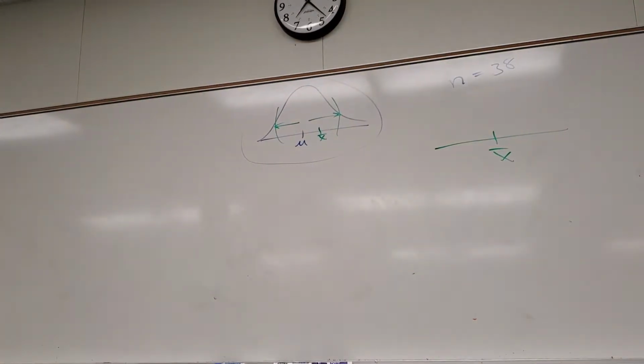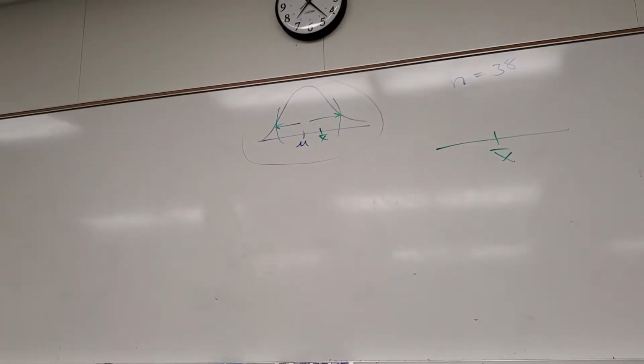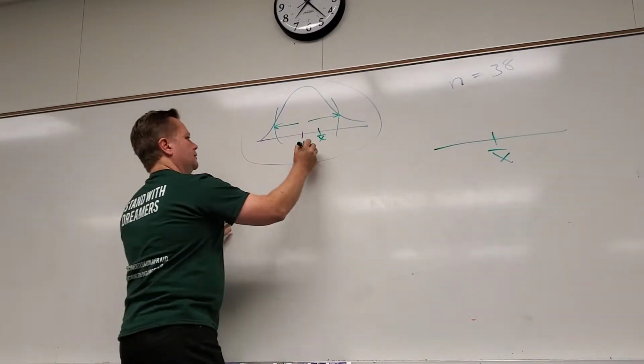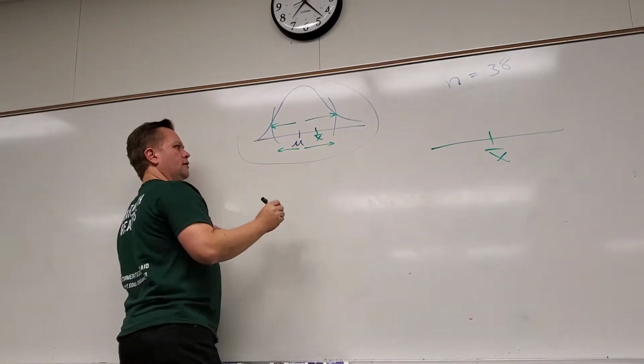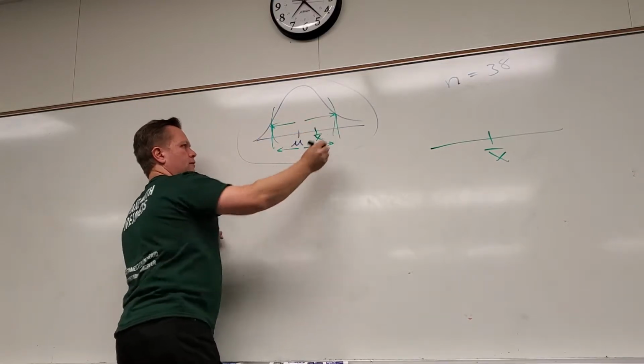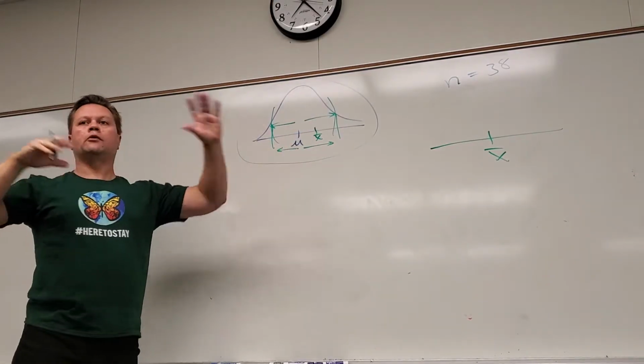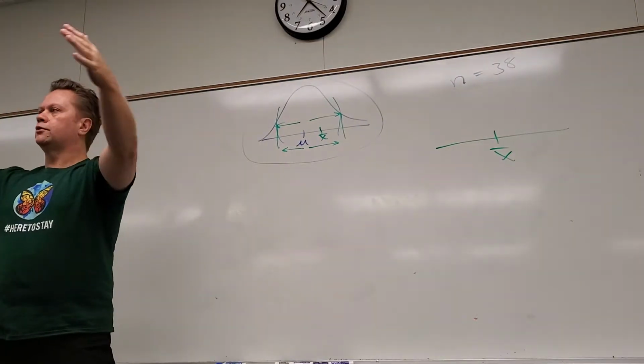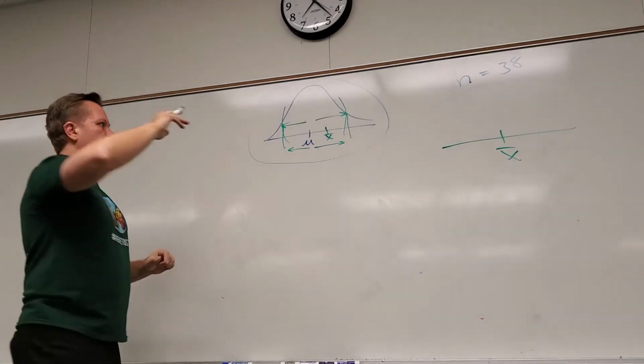Okay. So, how do I figure out what these are? If I knew mu, what would I do to figure out what those are? Here's the idea. Let me give us some numbers.